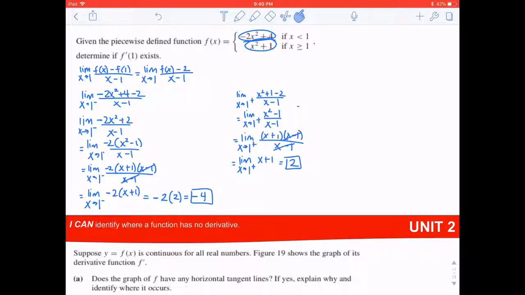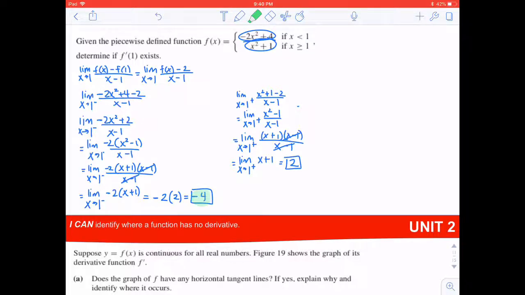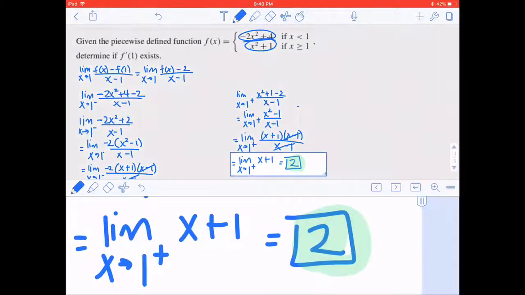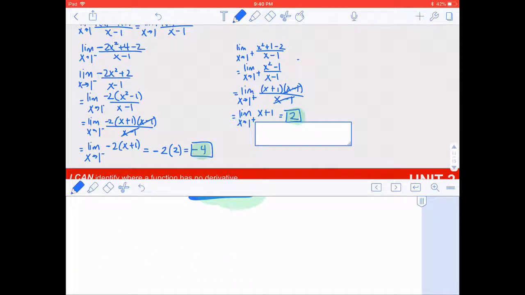So our limit from the left side is negative 4. Our limit from the right side is 2. That means that this function is not continuous. They're coming in from two different sides, and therefore our limit does not exist.